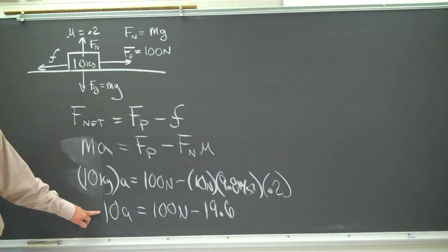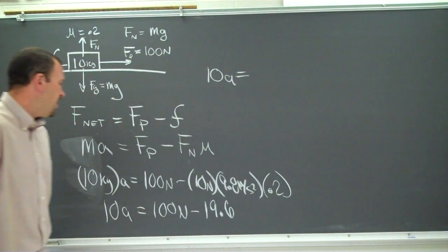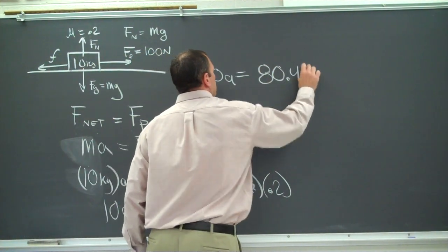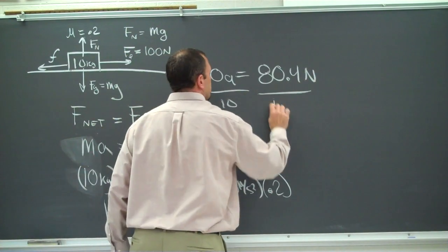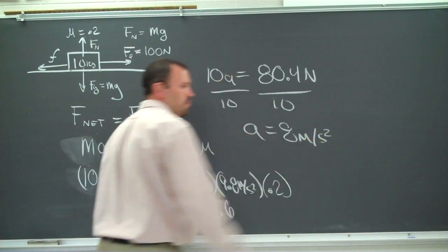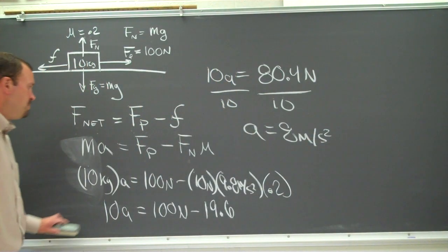Okay, and we're left with 10a is equal to 80.4 newtons. Divide by 10 on both sides, and we get an acceleration of about 8 meters per second squared for that block. Okay, so this is the block just on a flat surface here.